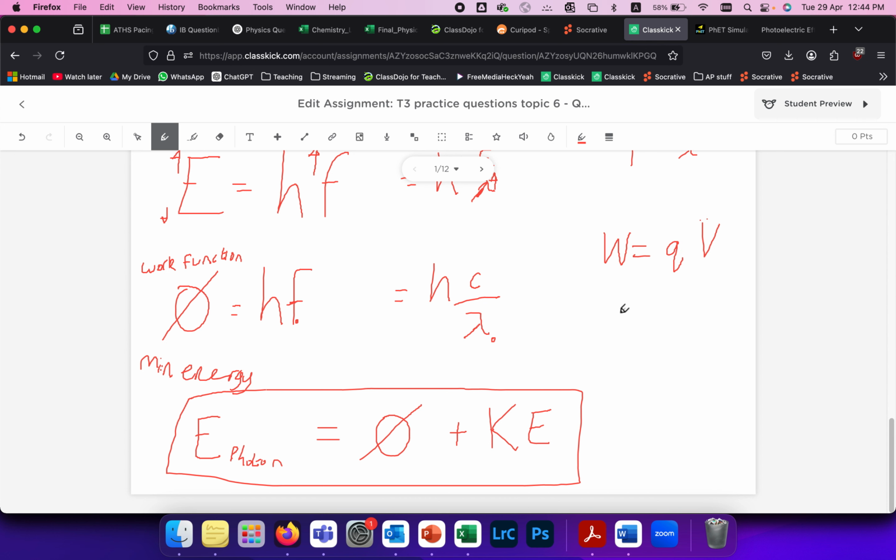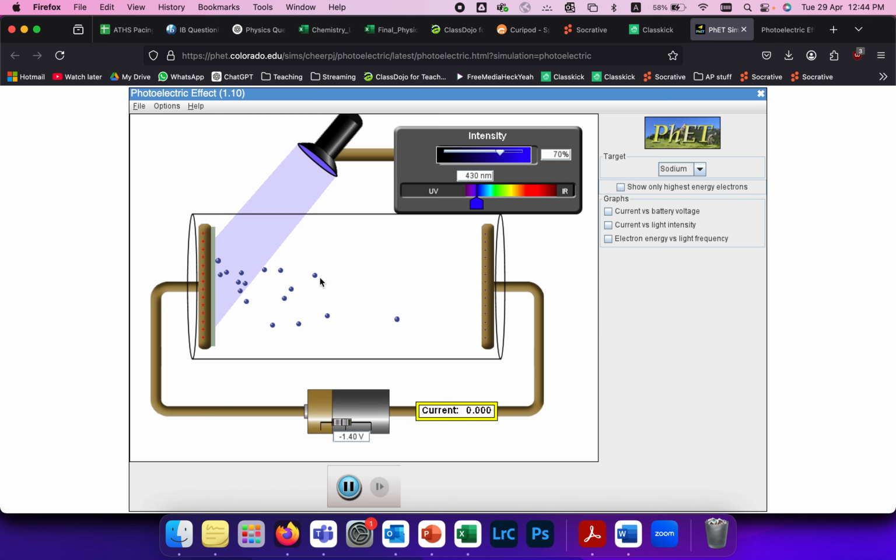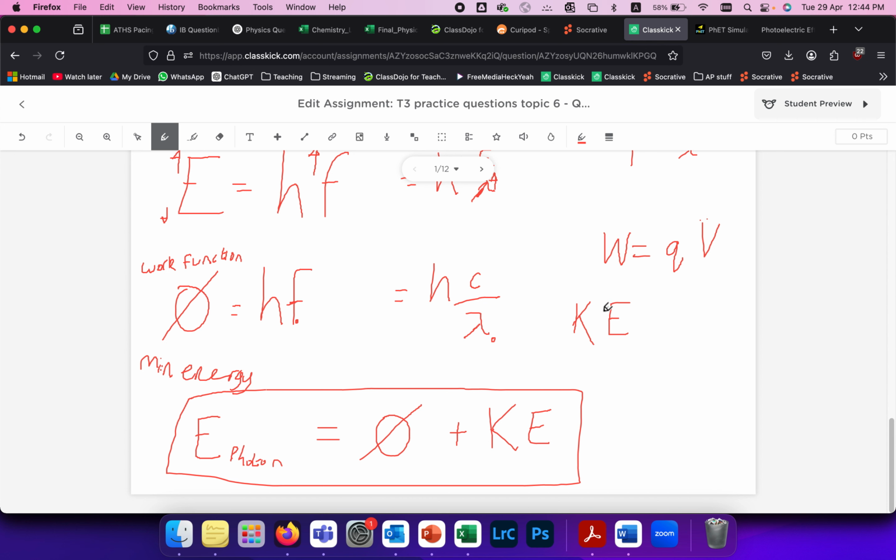Well, of course, in this case, our energy is going to be our kinetic energy. This is the energy that I'm trying to match. I'm trying to catch these electrons that are coming out, with whatever speed that they have. That's my kinetic energy. Well, Q, I've used this word electron multiple times, so let's call it e. This Q becomes an e, and that is still going to be V. This is my stopping potential. This just happens to be equal to the kinetic energy.